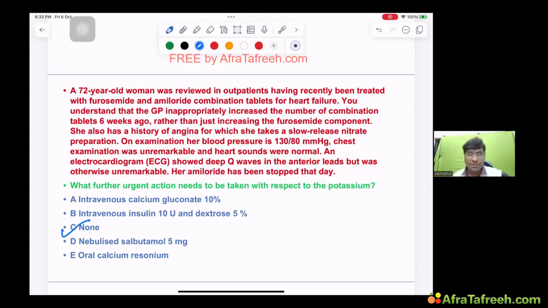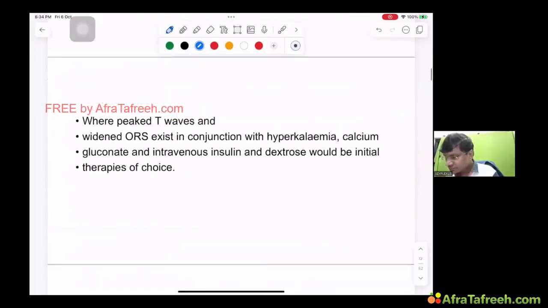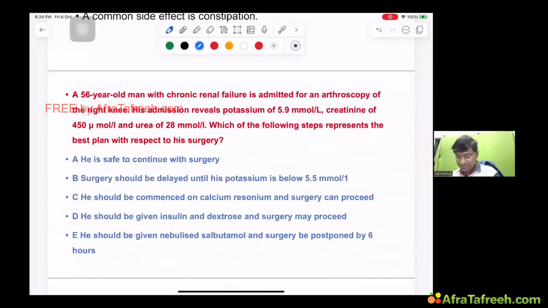That was the GP's thought process. But amiloride is not given in heart failure. We give an aldosterone antagonist, spironolactone, in heart failure. So the answer is C. A little tricky. Yeah, you see the next question.